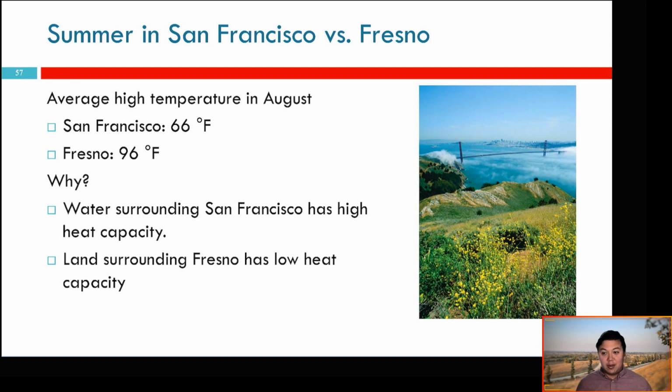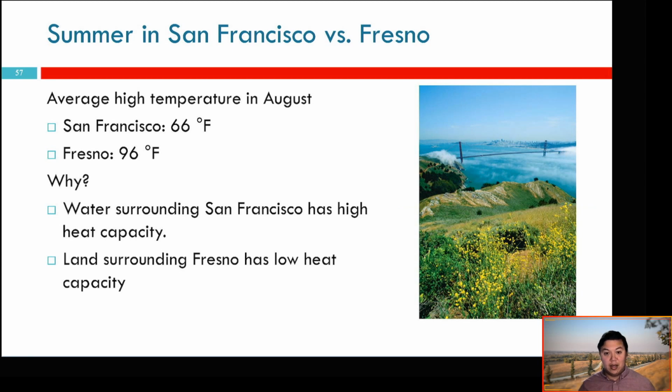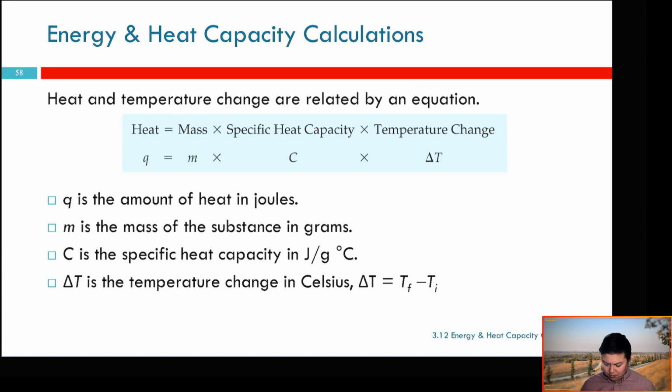And dirt, by comparison, land, even wood, almost anything else, has a very low heat capacity. So instead, in Fresno, the temperature of the ground is going to rise higher than the water does in San Francisco. And so things along the coast in general stay cool. San Francisco just has the added benefit of being on a peninsula. So it's completely surrounded.